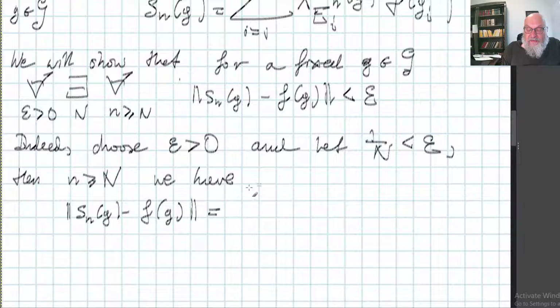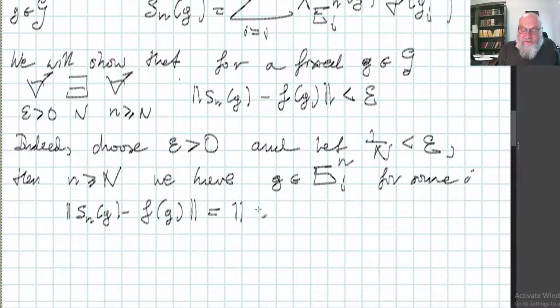So g belongs to a certain E_{i,n}. So in such a case, for some i, S_n of g will be equal simply to f of g_{i,n} minus f of g.